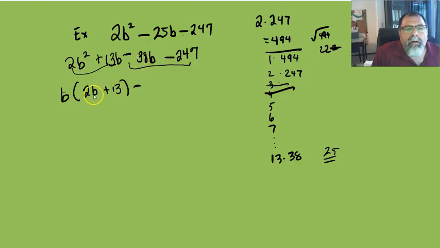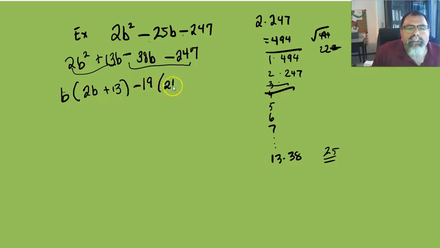So I'm just going to guess that I'm going to take out a 19. Let me double check that 19 goes into 247. 247 divided by 19 is 13, which is what it should be, right?